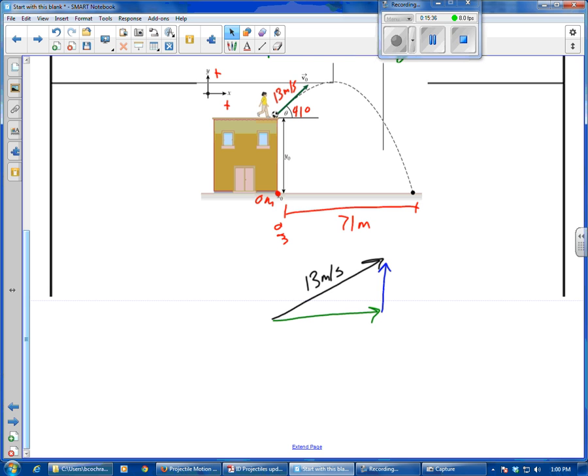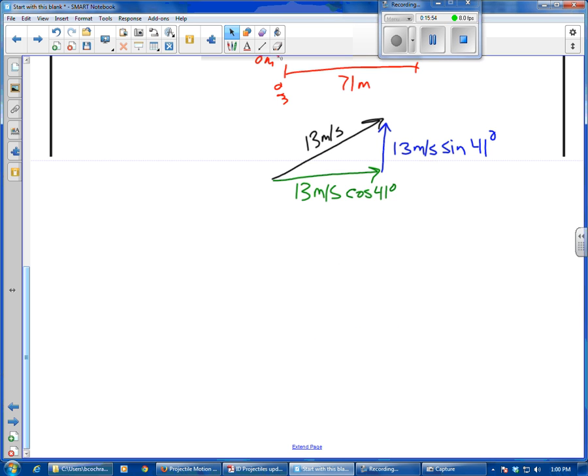My horizontal, right. Good. 13 meters per second, cosine 41 degrees, and 13 meters per second, sine 41 degrees. All right?